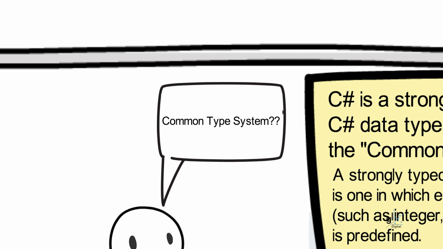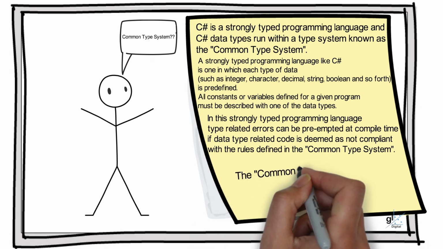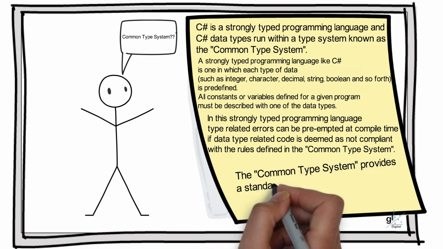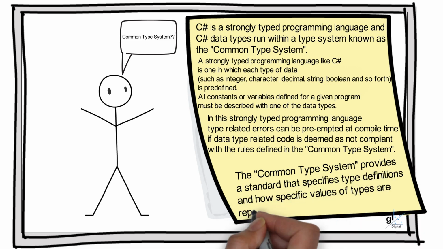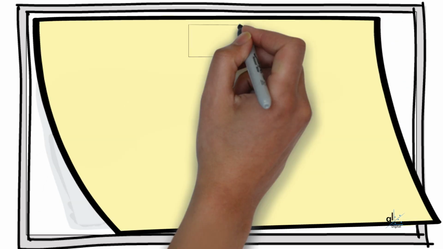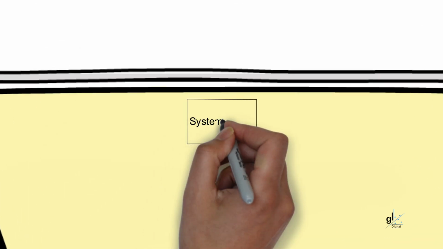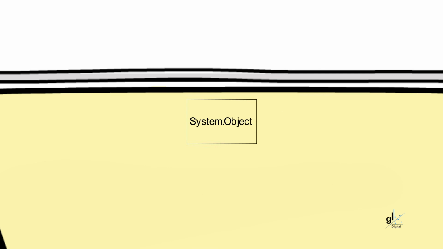What is the common type system? The common type system provides a standard that specifies type definitions and how specific values of types are represented in computer memory. The object type is the ultimate base class for all data types in the common type system. Let's create a depiction representing a hierarchy of C# data types, and we'll add to this when appropriate as the tutorial progresses.